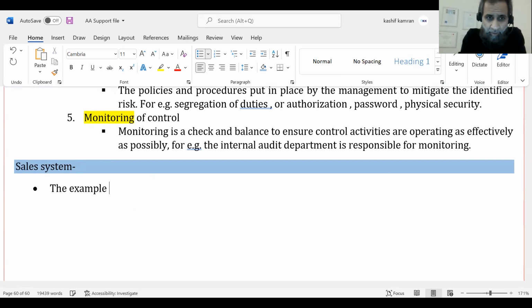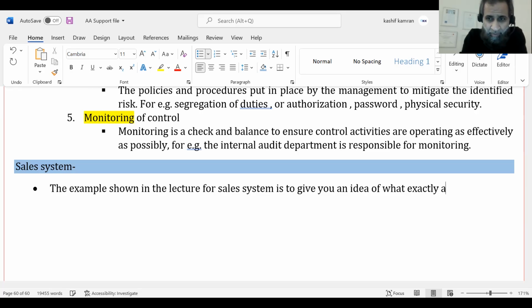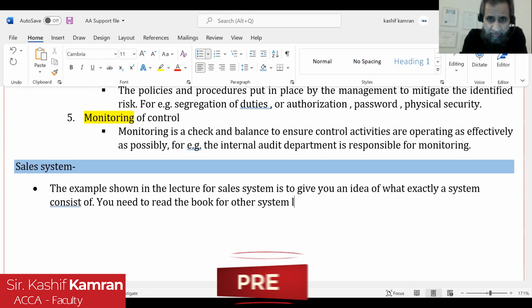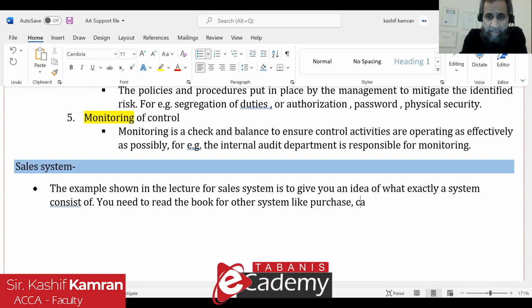The example shown in the lecture for sales system is to give you an idea of what exactly a system consists of. You need to read the book for other systems like purchase, cash, payroll, and expenditure. Only these, right?